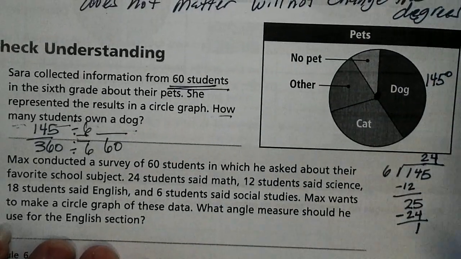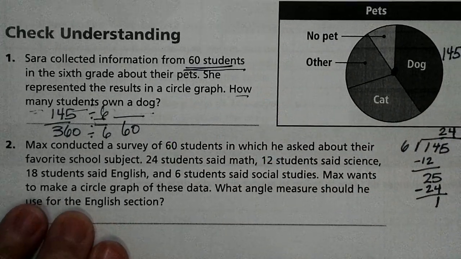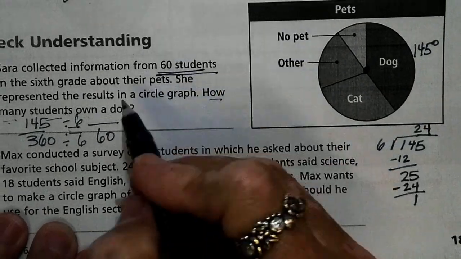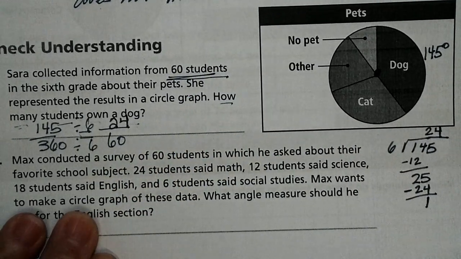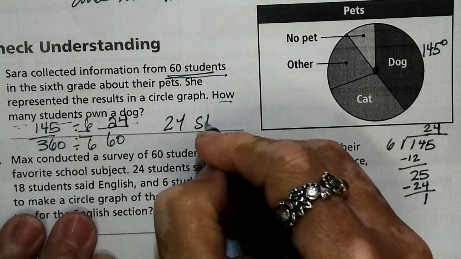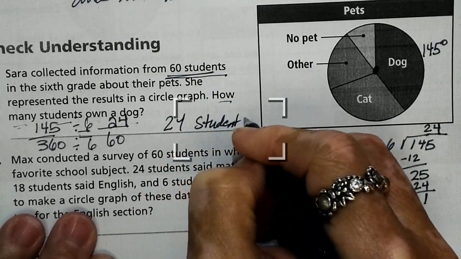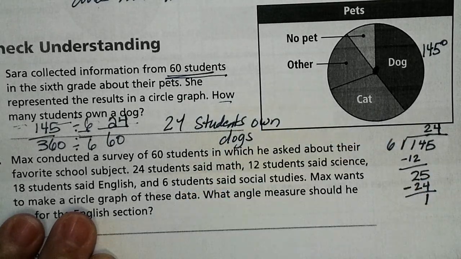Yeah, because it's not going to go in there evenly, right? And we can't have part of a student. So we're going to say that 24 students own dogs. So 24 students own dogs.